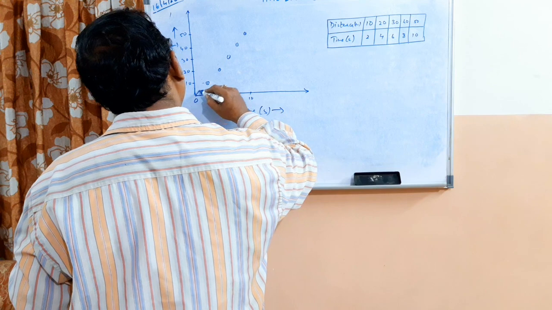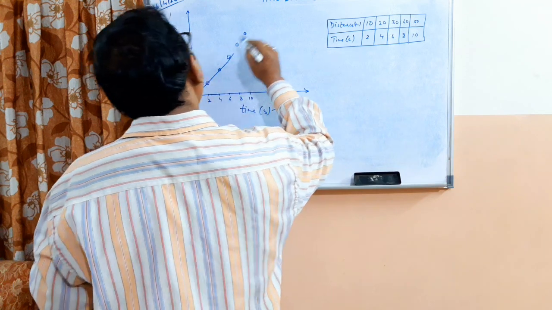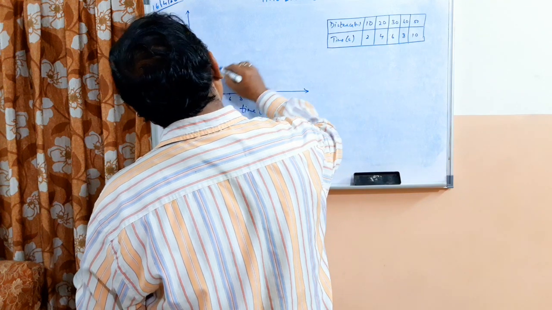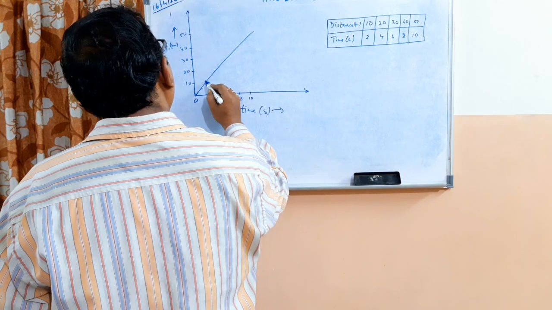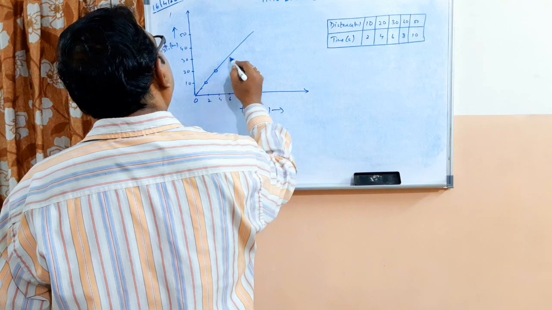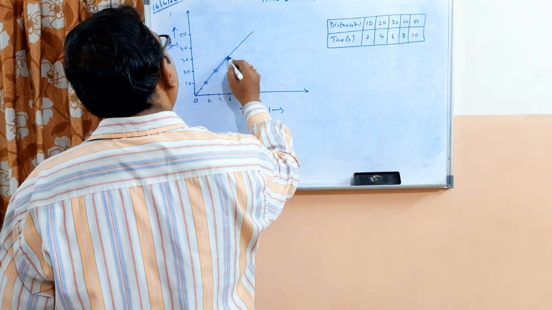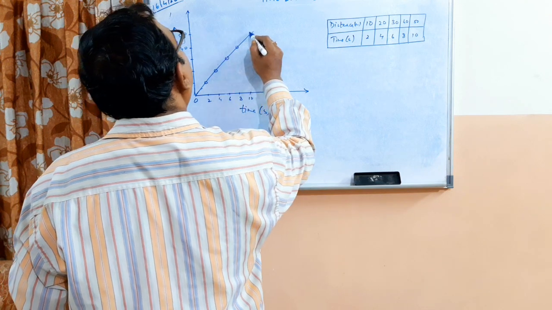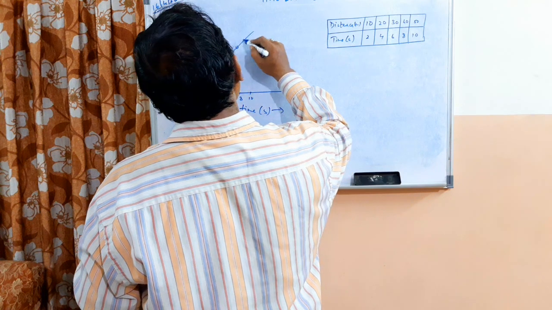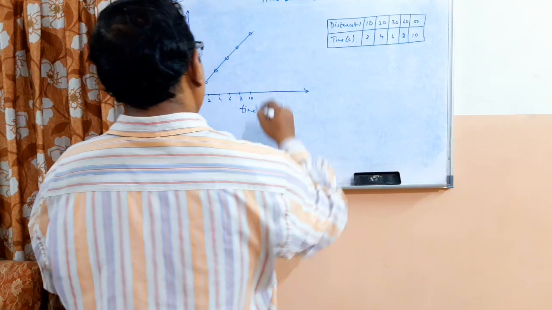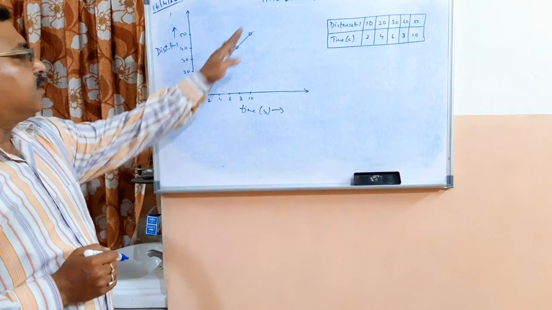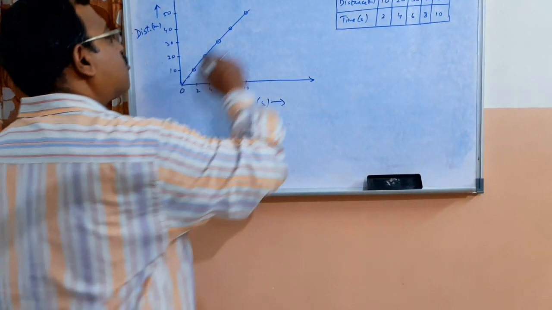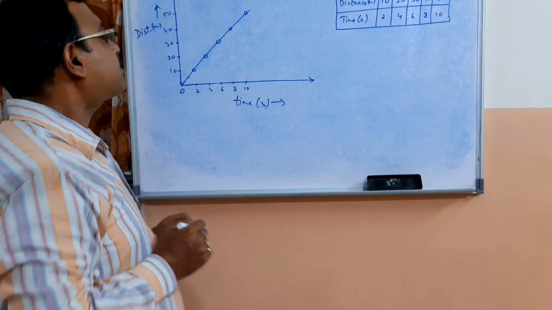So if you draw a straight line, it will pass through. Let me draw the line first. So at first you have to plot the points and then you have to join with a straight line, right?